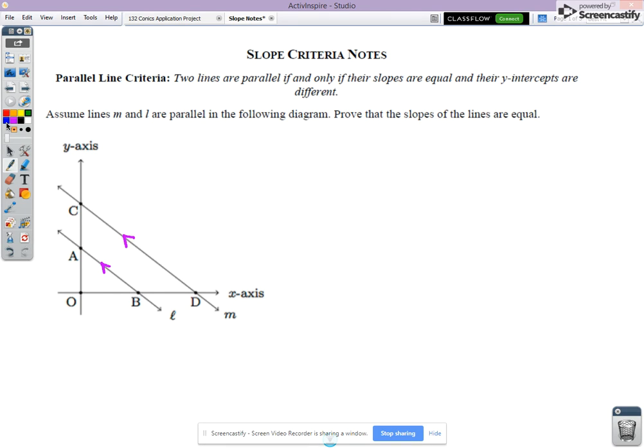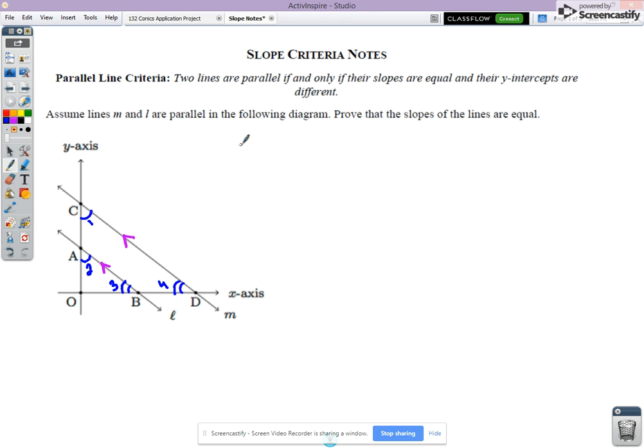Thinking way back to when we learned about parallel lines for the first time, we learned a bunch of angle relationships, one being corresponding angles. If we have lines that are parallel, we know that corresponding angles are congruent. So this angle here and this angle here would be congruent. I'm going to label these angles 1 and 2. And also, these two angles at B and at D would be congruent, and I'm going to label these 3 and 4.